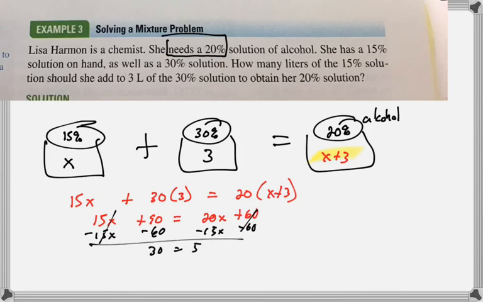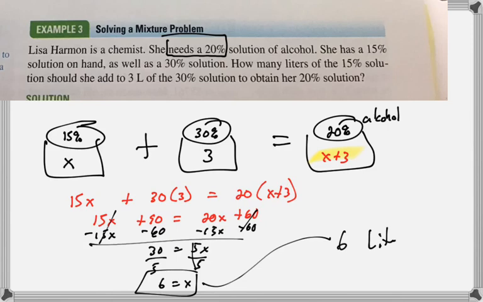So 30 equals 5X, divide by 5, 6 equals X. Go back to the question, label it. That's 6 liters of 15% alcohol. Always go back to the problem, read it, make sure you answered the question. Hopefully that's pretty straightforward.